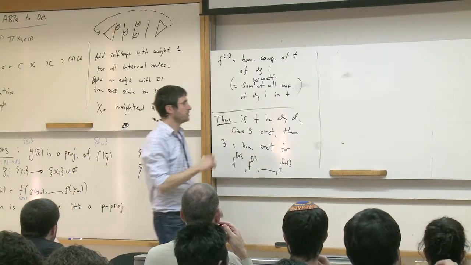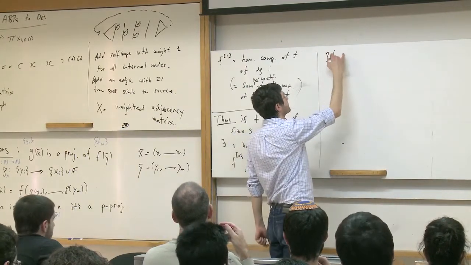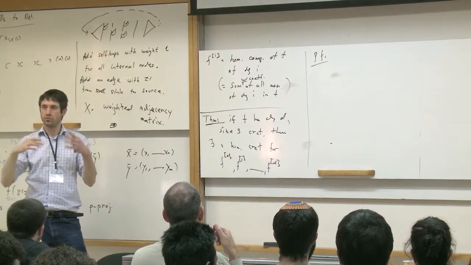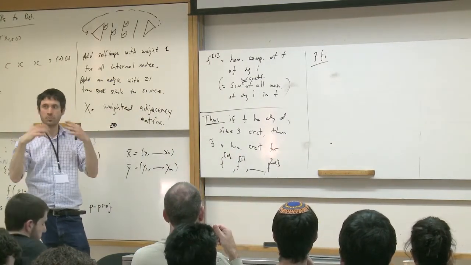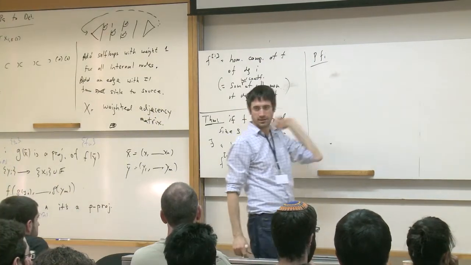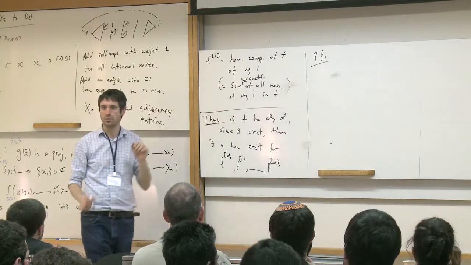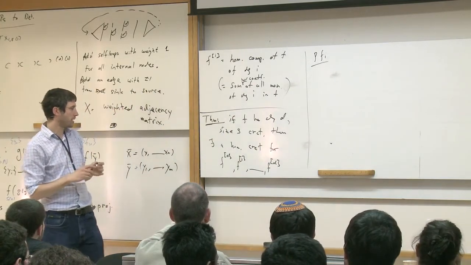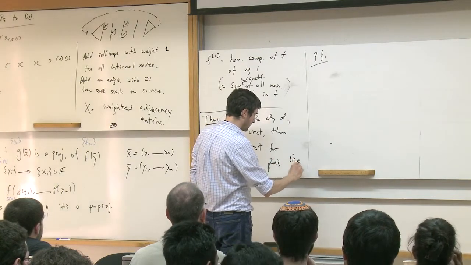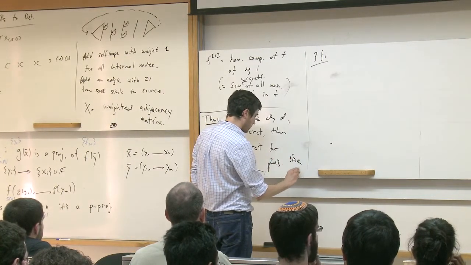Okay, so let's see the proof. Good, so what do we have? We start from a polynomial. I'll just prove the statement about homogeneous polynomials, and the proof for this is the same. A circuit of size S D squared.